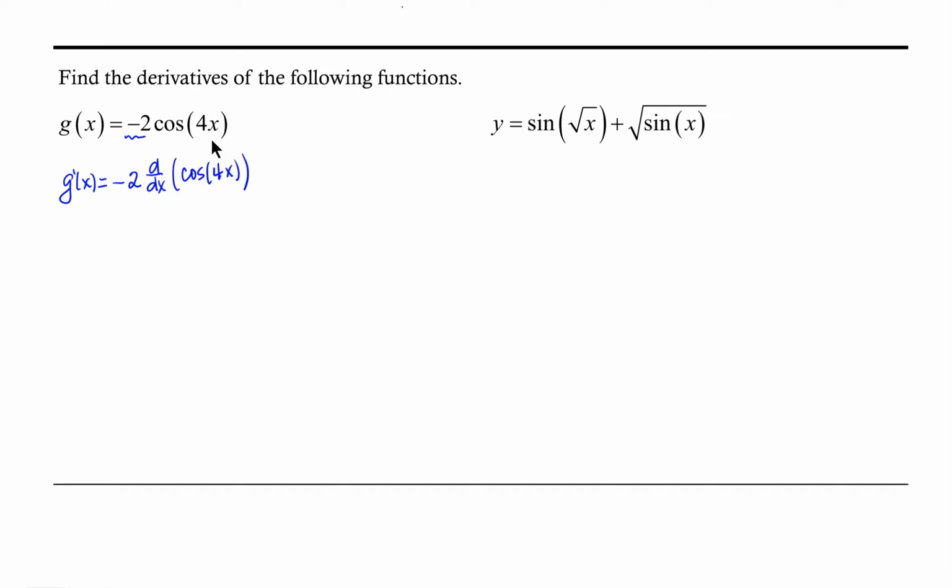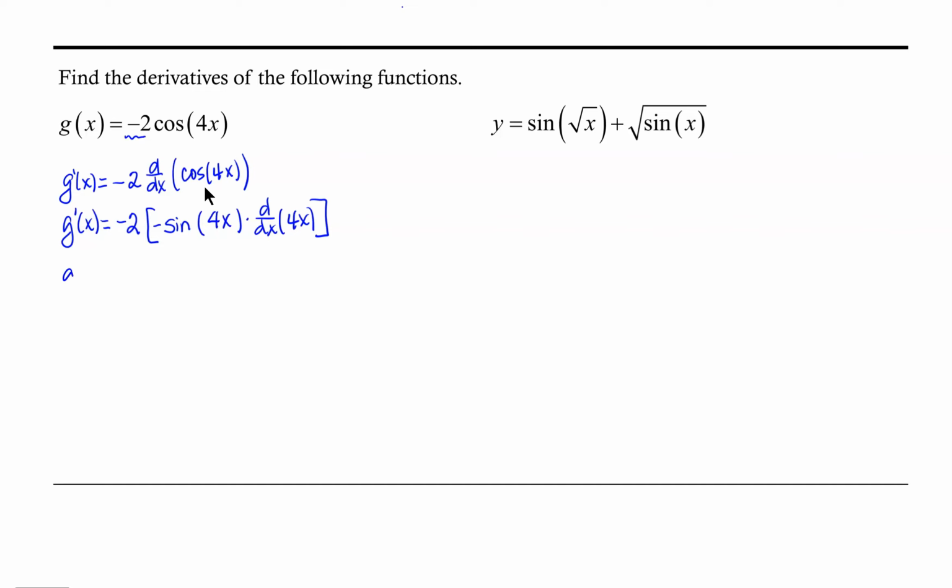And now when we start to take that derivative of cosine, we'll have -2. Now the derivative of the cosine function is negative sine. So we're going to have negative sine of my argument times the derivative of that argument. And my original argument was 4x.